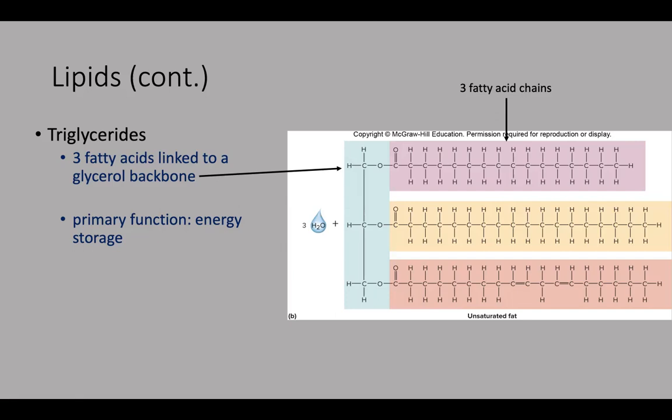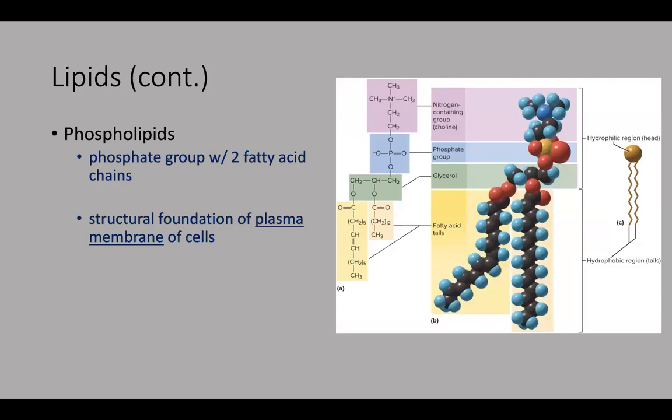Okay, those are the first 2. On to phospholipids. These are what are found in the plasma membrane of cells, like you guys said. Now we don't have 3 fatty acid chains coming off, but we have 2. We have 2 tails. These are 2 fatty acid chains. You still have some glycerol in there, and then a phosphate group, which makes it a phospholipid.